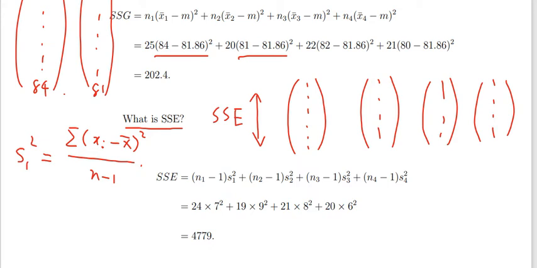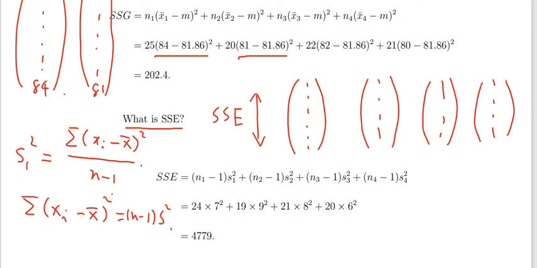So divide by n minus 1. Okay, so in the numerator part, SSE is equal to n minus 1 multiplied by S1 squared. So we say this part is just SSE, equal to n minus 1 times s squared.